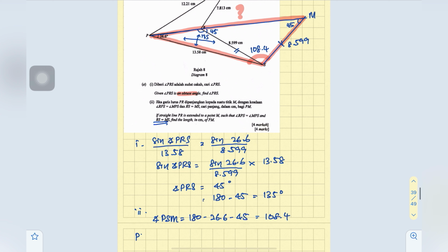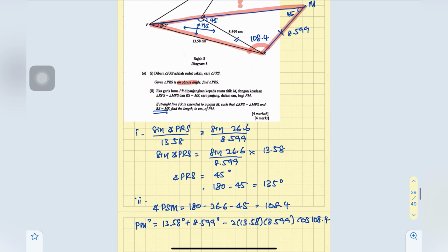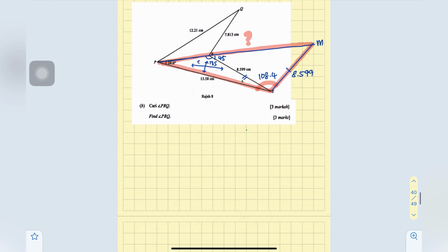So PM squared equals to 13.58 squared plus 8.599 squared minus 2 times 13.58 times 8.599 cos 108.4. Okay, so kita guna calculator dan lepas tu kita just square rootkan. So kita dapat PM lah equals to 18.2245.